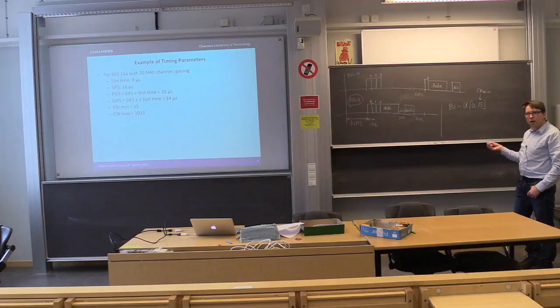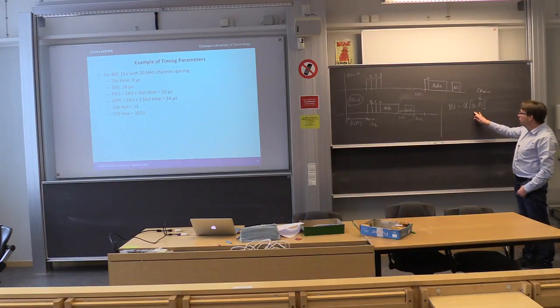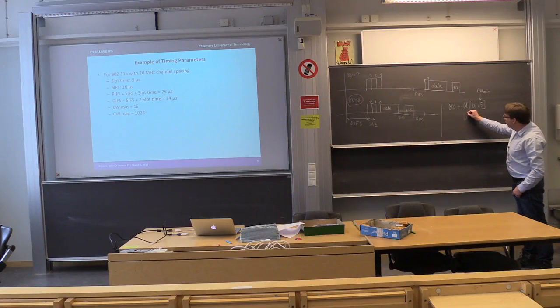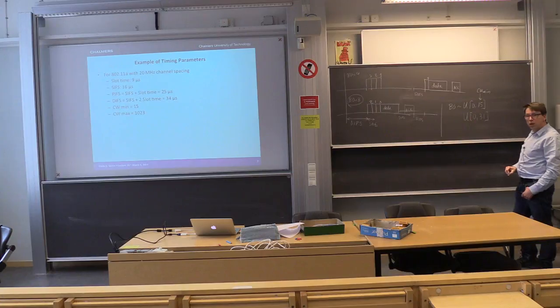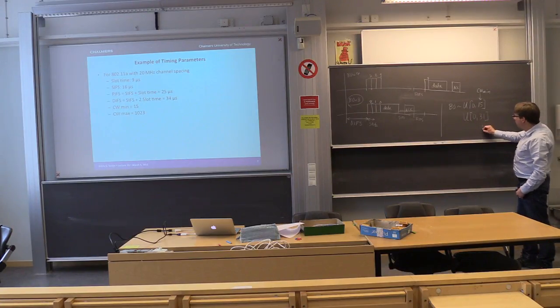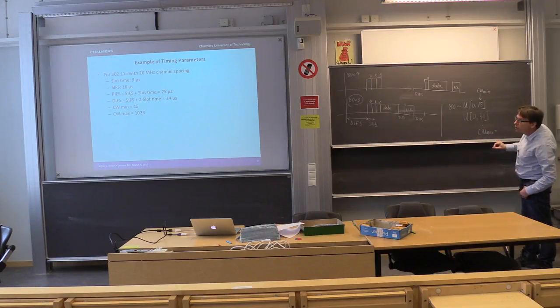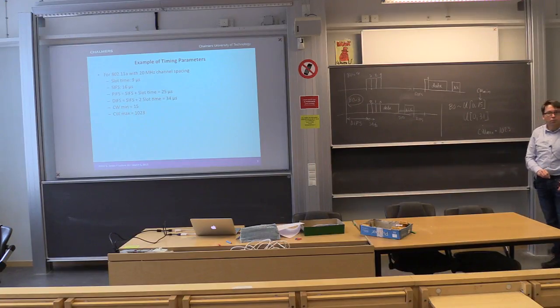If there is a collision, then the contention window goes from 0 to 31. It doubles the size of it. Okay. And then this keeps on going until it gets to its maximum value, which is 1023. Okay.